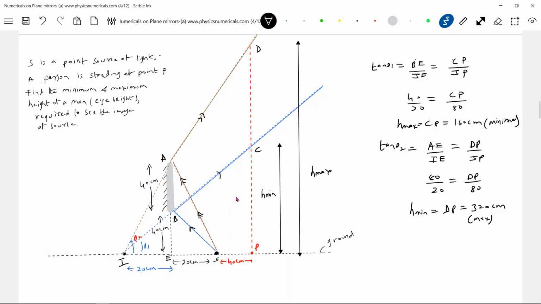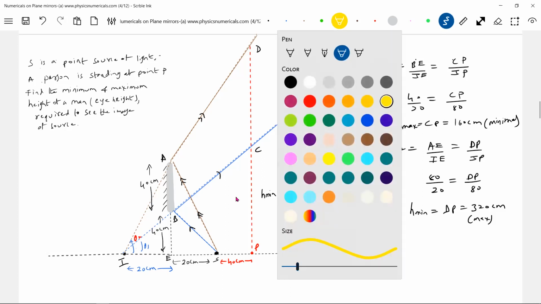Okay, simple. The same, the field of view. What is the field of view? This region is the field of view.